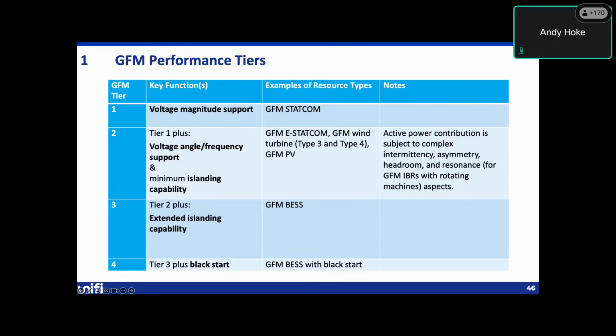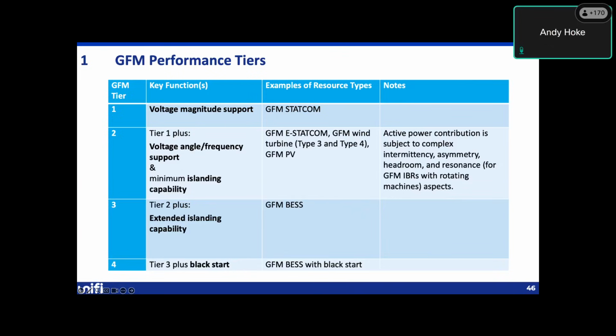So this is a relatively new concept, the idea of grid forming tiers. The reason we introduced the concept of grid forming tiers is because different grid forming resources might have different sources behind them, and those sources have different types of limitations.